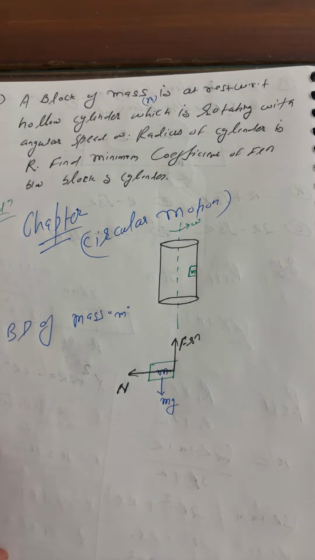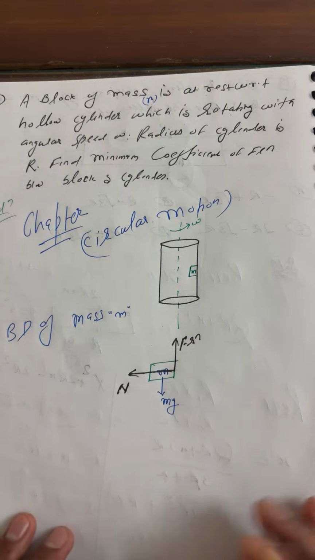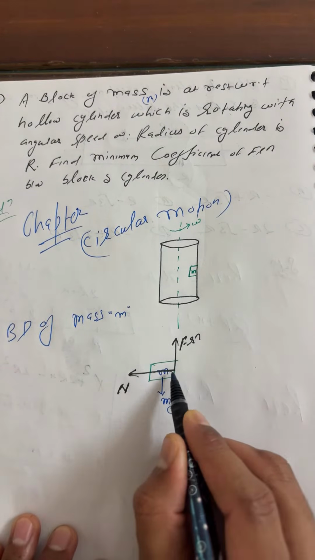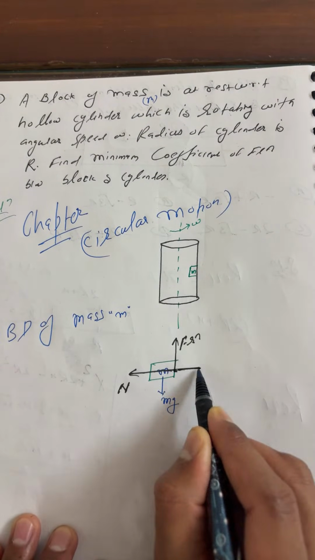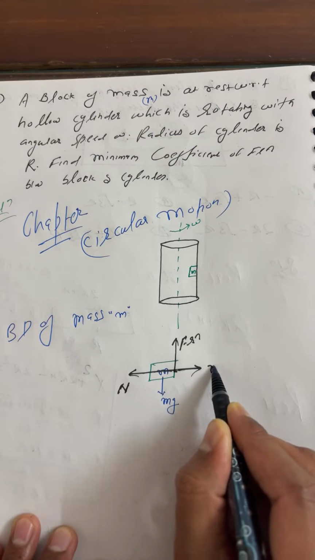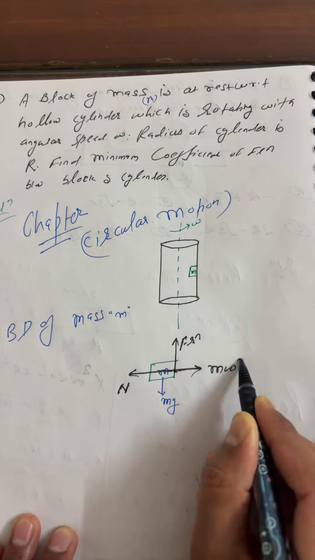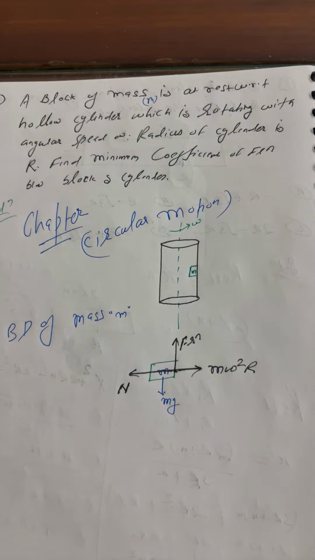If anything is revolving on a circular path, then centrifugal force is always away from the center. So this is the center, and the direction of centrifugal force, which equals m omega square r.